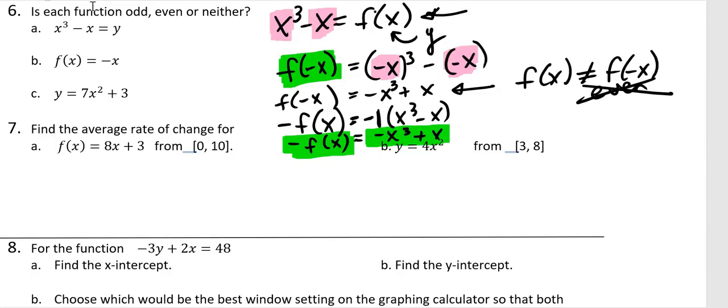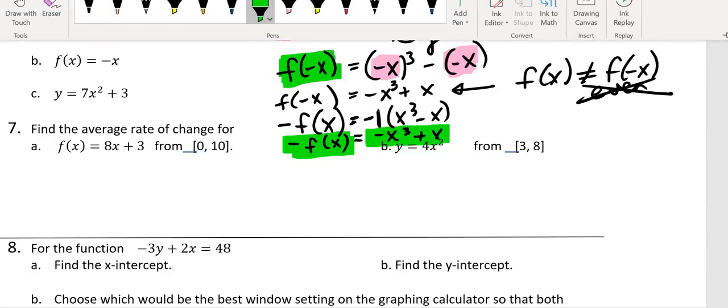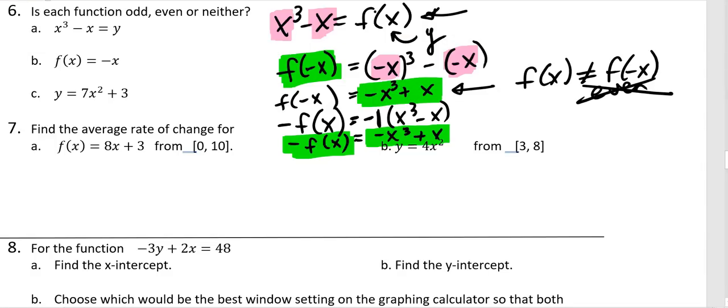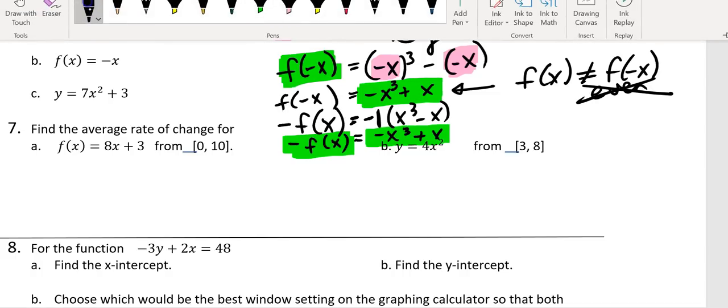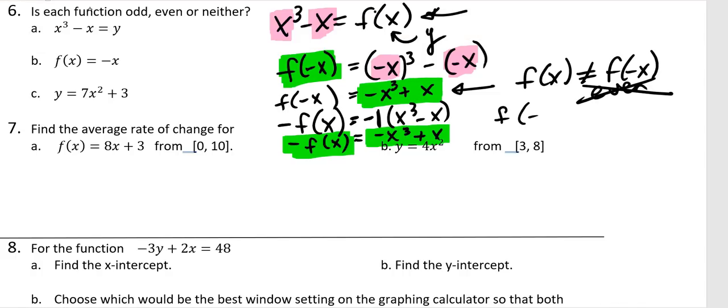Okay, so you can see that these are the same. So f at negative x is equal to negative f of x. Therefore, our function is odd. If it were neither odd nor even, then we'd put neither.